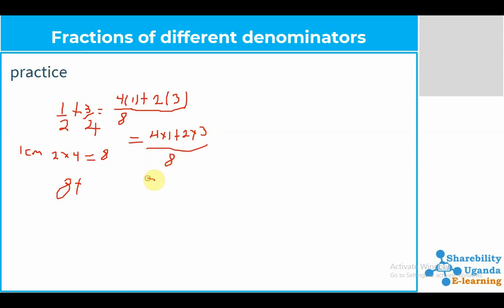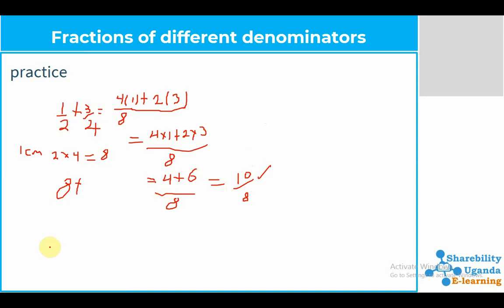Here I shall come up with 4 plus 6, since 2 times 3 is 6, then divided by 8. We come up with our answer as 10 out of 8.